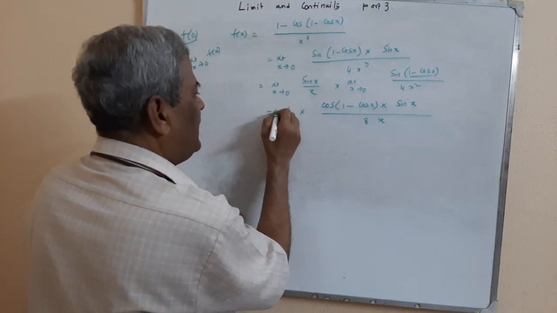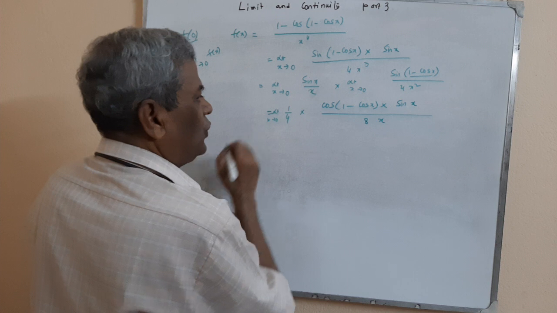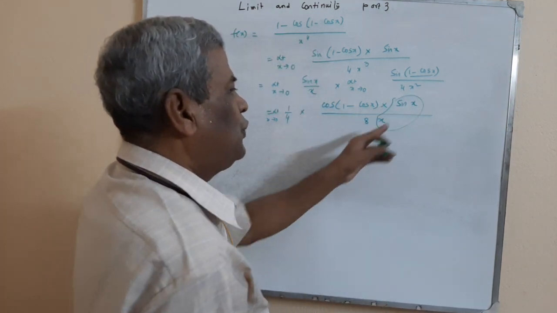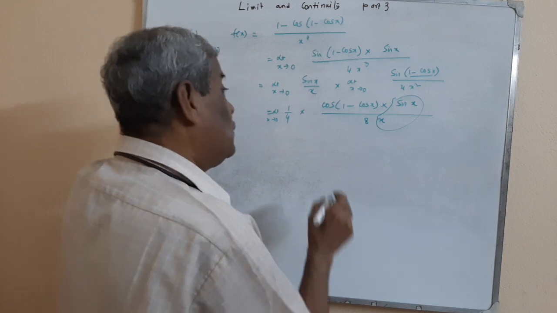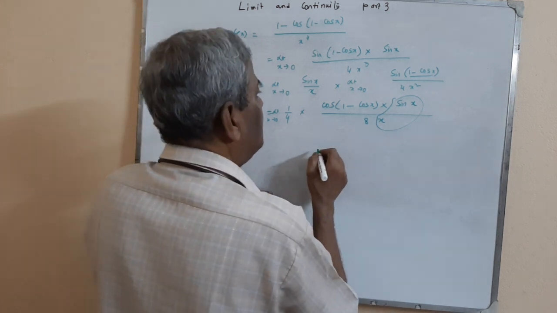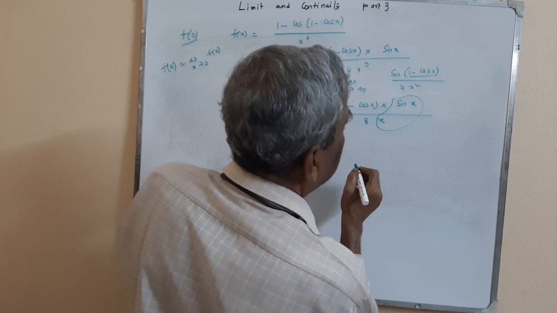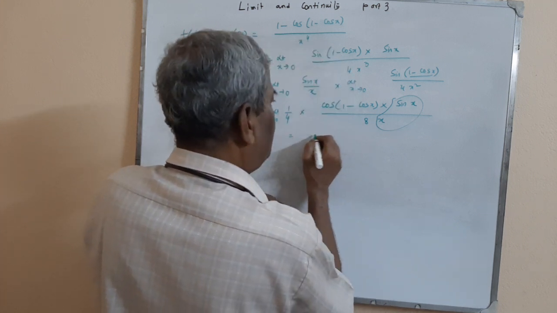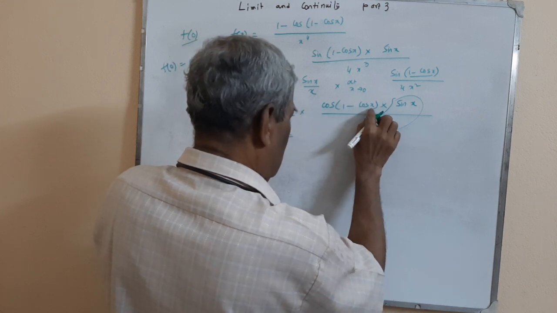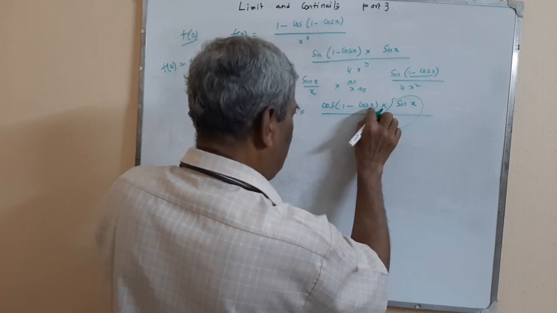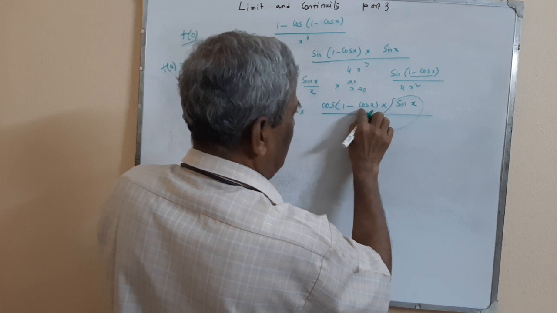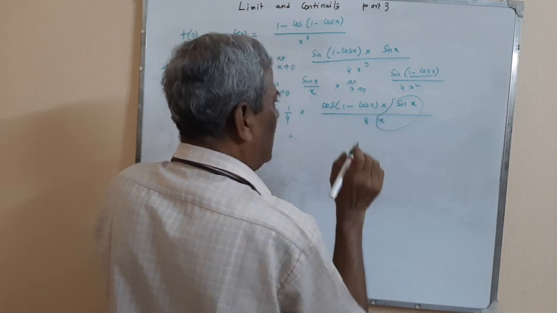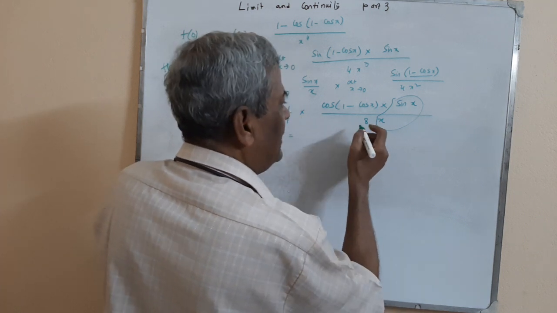Limit x tending to 0, this one is 1. So the answer is cos 1 divided by 8.